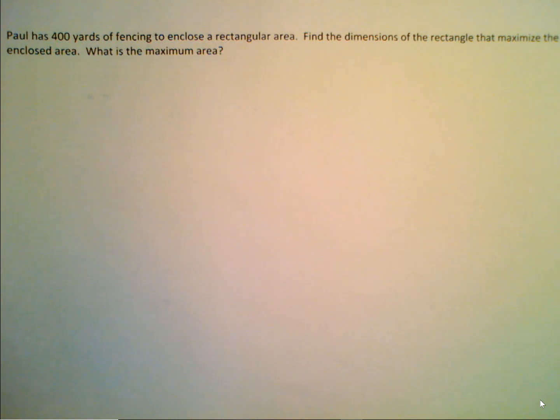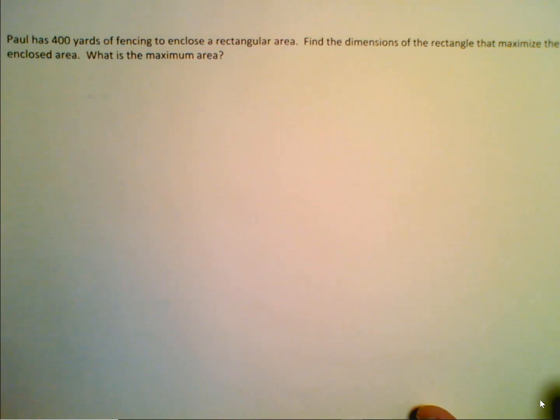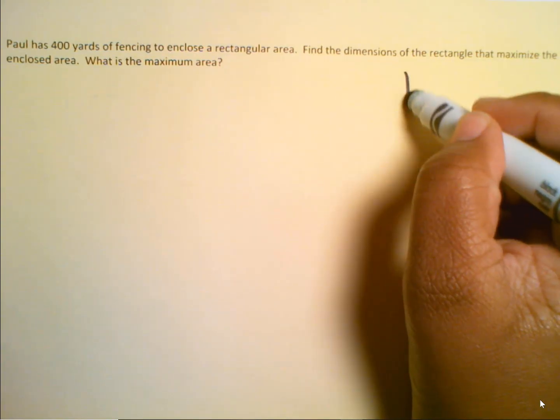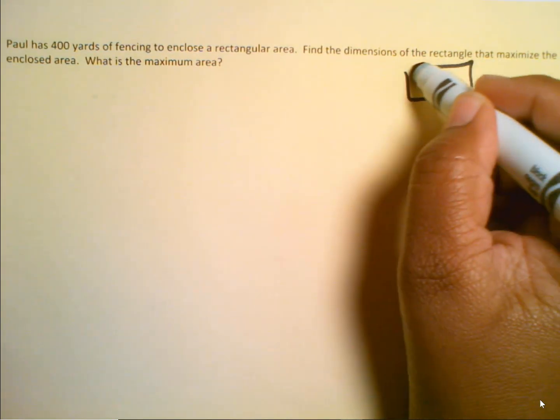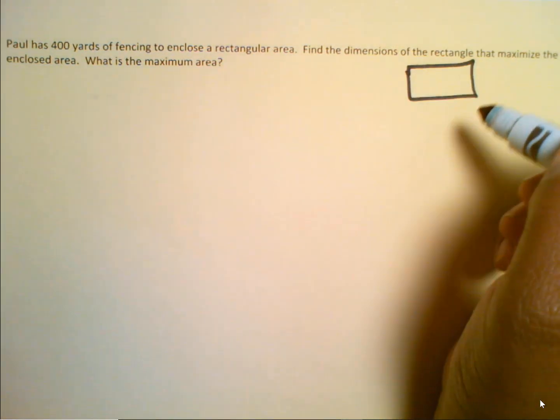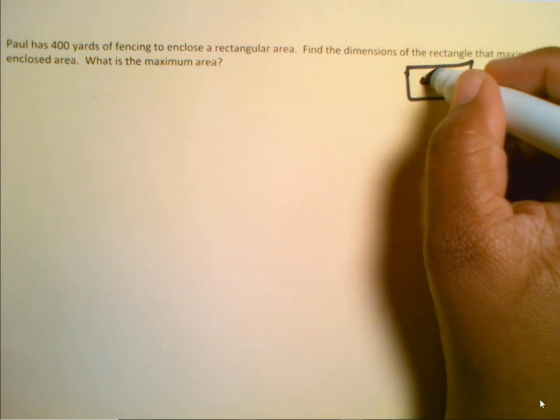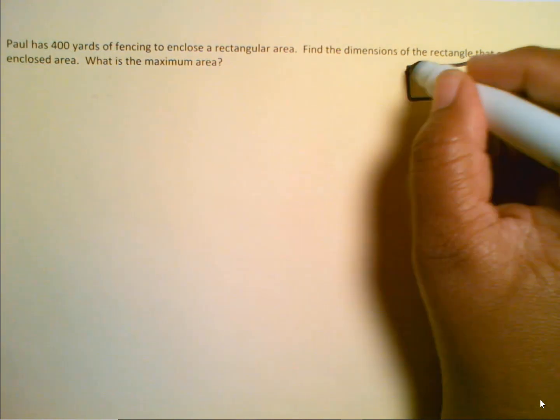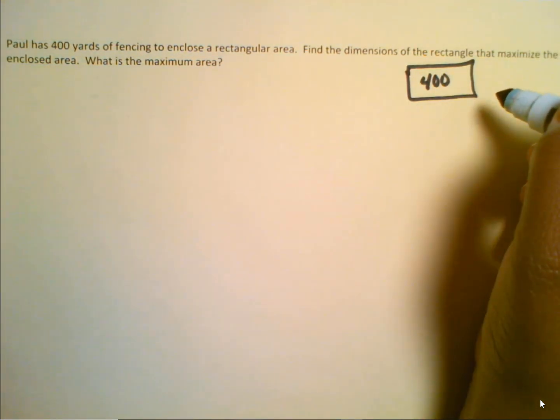But before we do that, let's think about this fence. Okay, so it says he has 400 yards of fencing to enclose a rectangular area. So we know that to enclose this fencing, he has 400 yards.